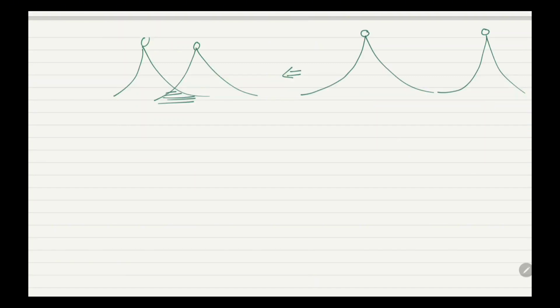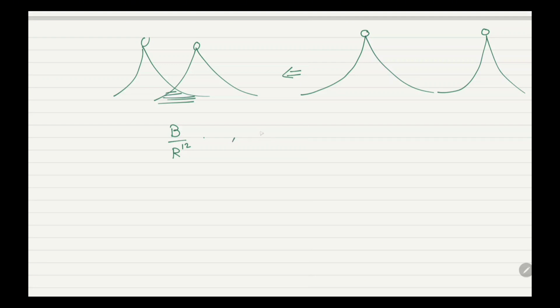Now, for the repulsive interaction, we will not try to evaluate it, and experimental data of the inert gases can be fitted very well by the empirical repulsive potential, which in this case is equal to B over R to the power 12.